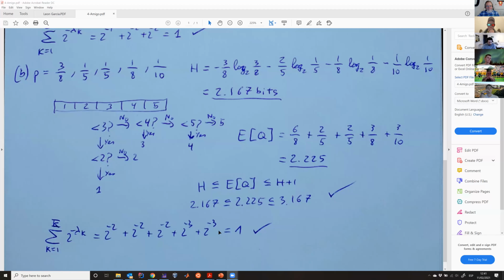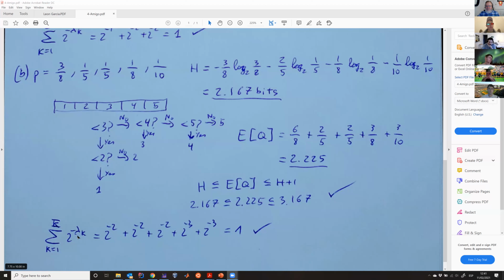Okay. Now, the thing we didn't go through, Glauco, is the expected value of 2 to the minus L. Was that the same result? So you have your summation of all of your paths here, and it added up to 1. And what was the expected value of 2 to the minus lambda k?